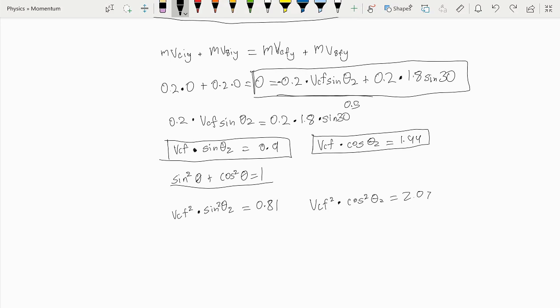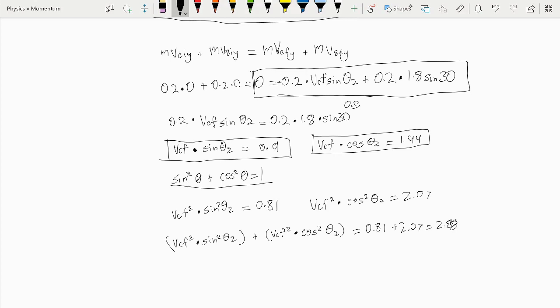So VCF squared times sine squared theta 2 plus VCF squared times cosine squared theta 2, which is equal to 0.81 plus 2.07, which is equal to 2.88.